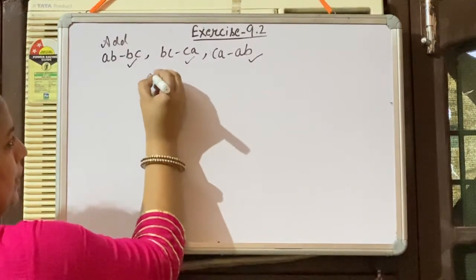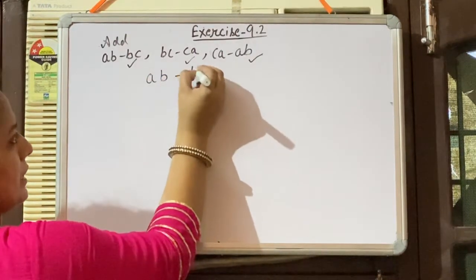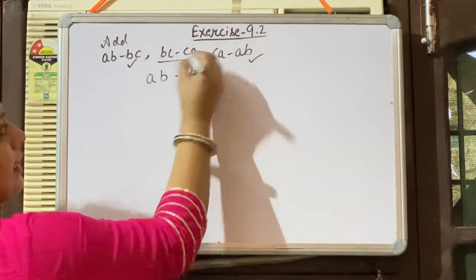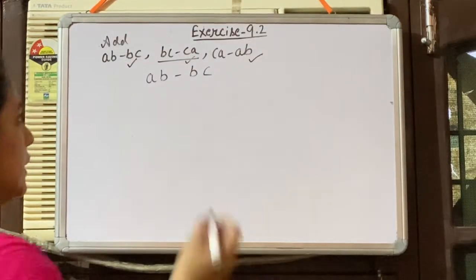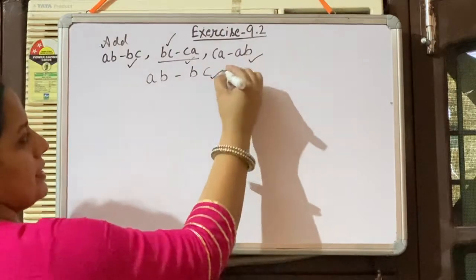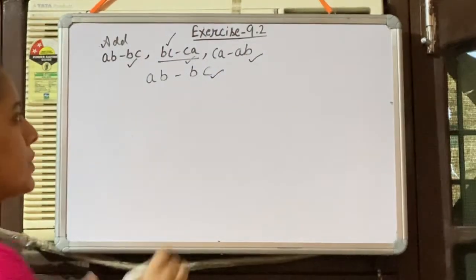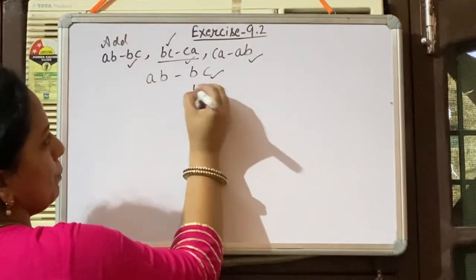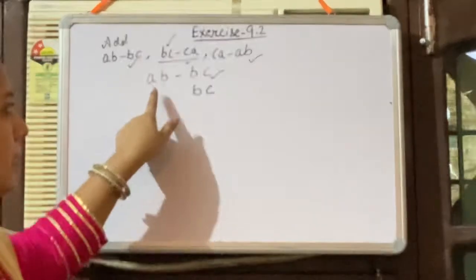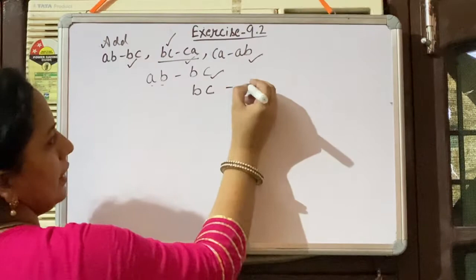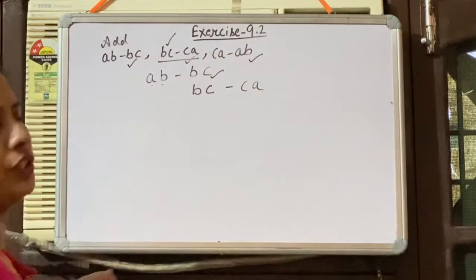That means if we write here AB minus BC, in the second term write the like terms one below the other. BC and BC, these are the like terms. So here we will write BC and CA. This is not CA, the like term, so we'll write CA in a different position.